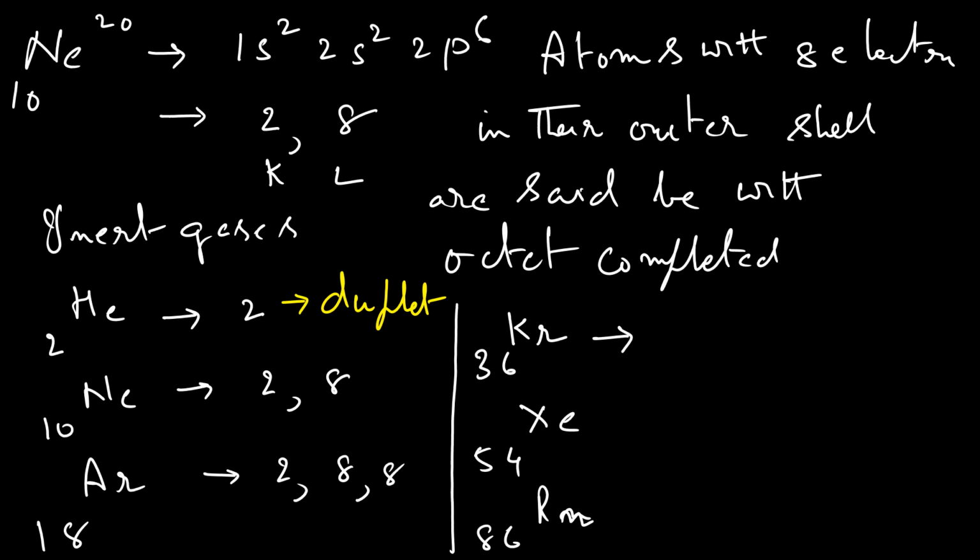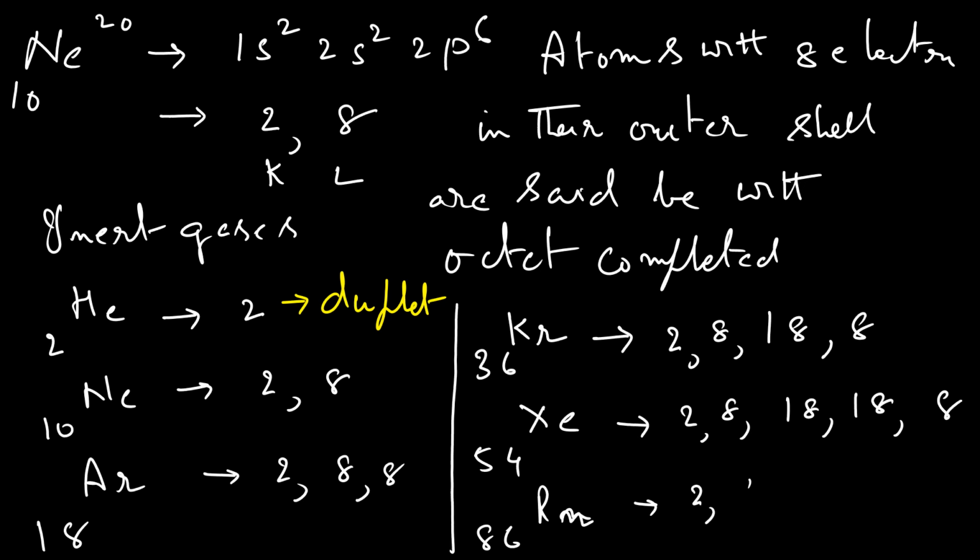So here the configuration is 2, 8, 18, 8 for krypton, 2, 8, 18, 18, 8 for xenon, and 2, 8, 18, 32, 18, 8 for radon. So in all these inert gases, the outermost shell has 8 electrons, therefore their octet is completed and they do not react with other substances.